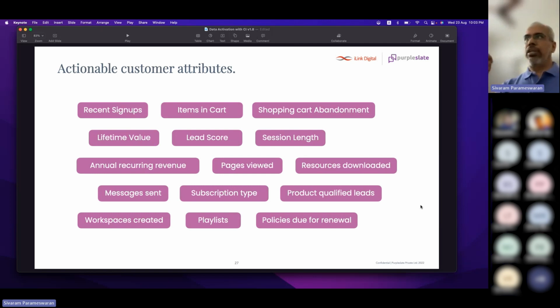All of these numbers, whether it is the items in cart or the number of signups, are numbers which come as an output from your BI, whether it is the answer I just showed or the dashboard BI. These numbers really drive that action, based on what you want to do with it.